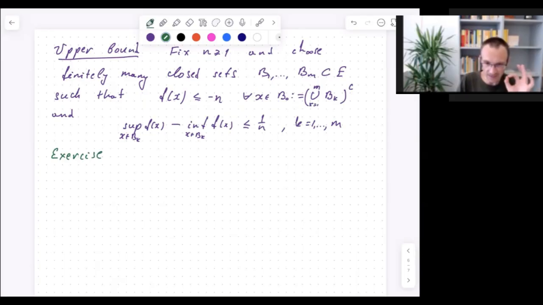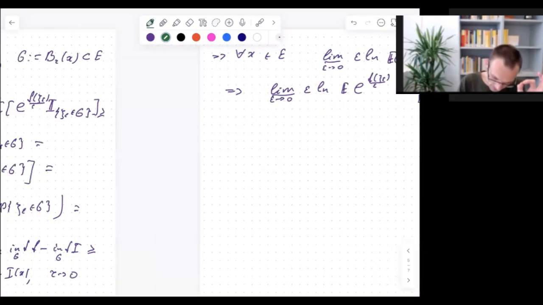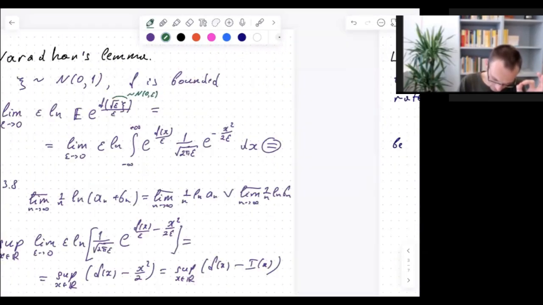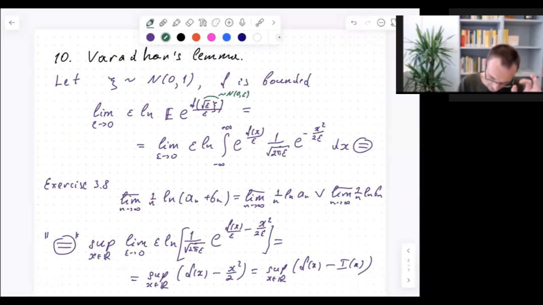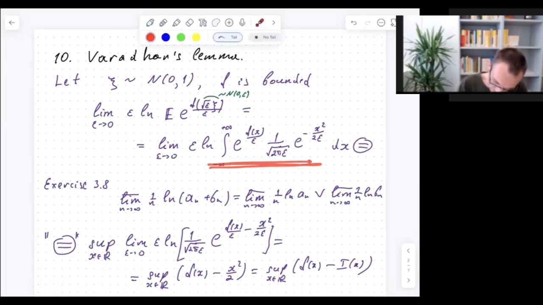And now the idea of the proof will be the following: we want to divide our integral, that is the expectation, like here, into finite sums, and then use this property which we have here, because this property is satisfied for the finite sums.